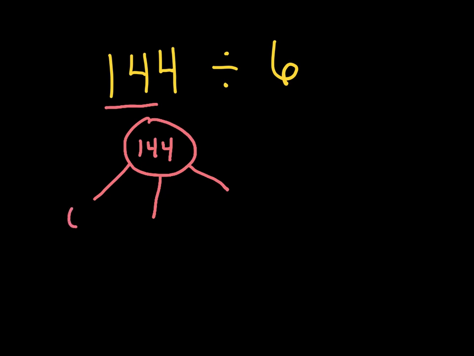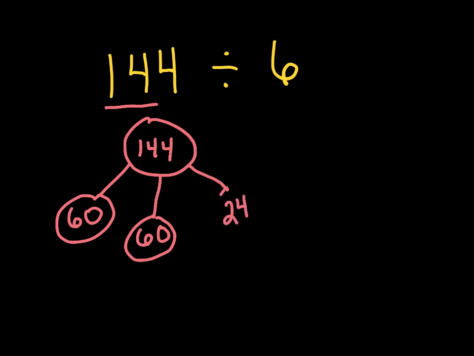That would be a 60 plus a 60, which would give us 120. But we're working with 144. So if we take 120 and subtract it from 144, we're left with 24.